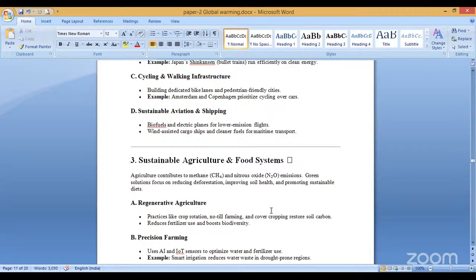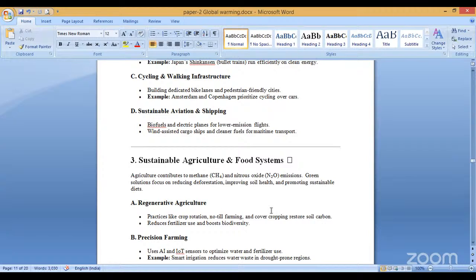maritime transport. Sustainable agriculture and the food system. Agriculture contributes to methane, CH4, and nitrous oxide emissions. Green solutions focus on reducing deforestation, improving soil health, and promoting sustainable diets.